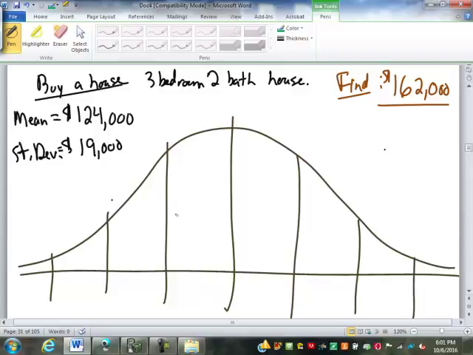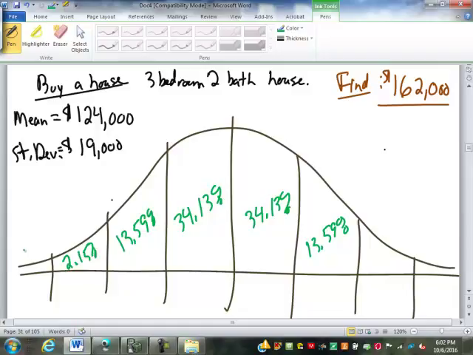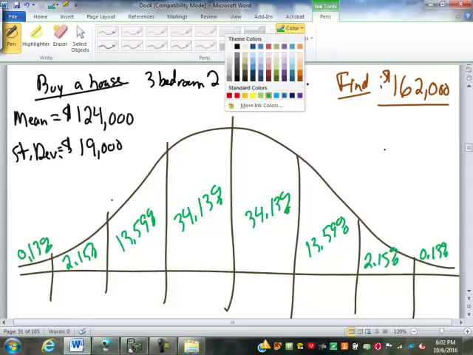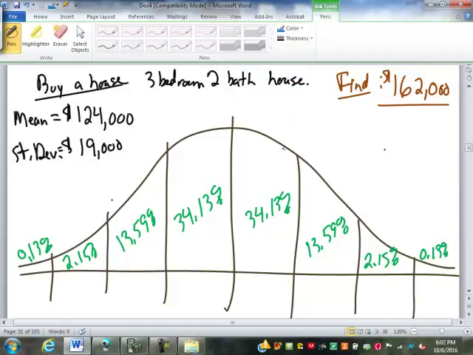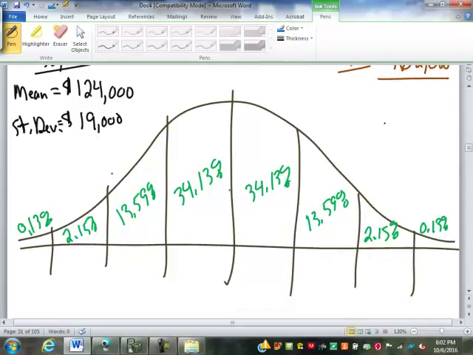So first of all, the percents in here are not going to change. They're all the same as what we've seen before. What numbers are going to go across the bottom here?